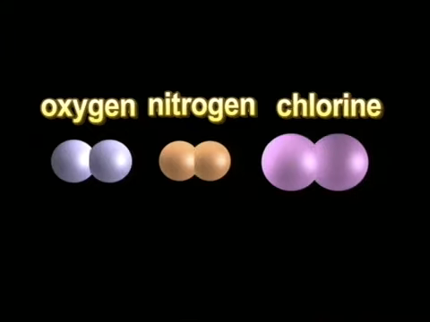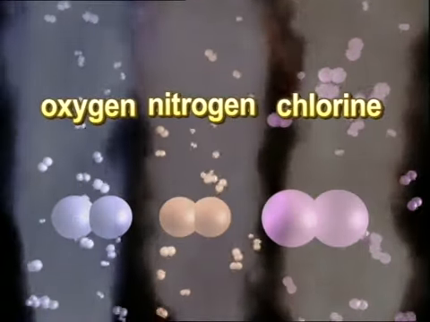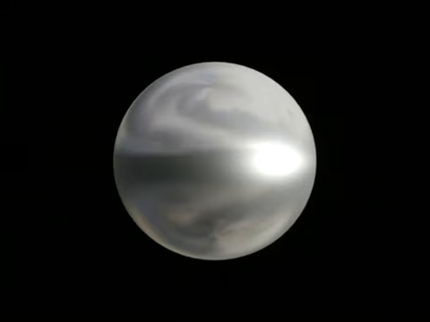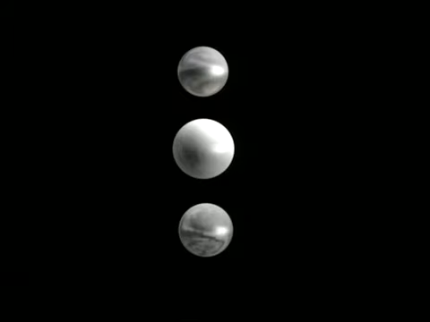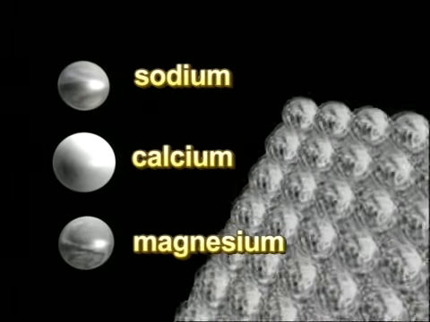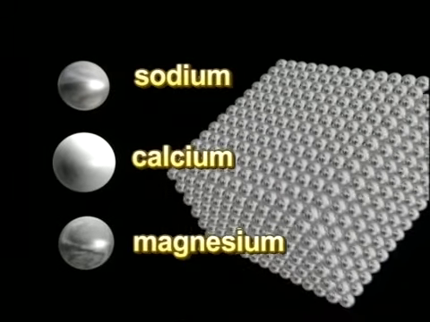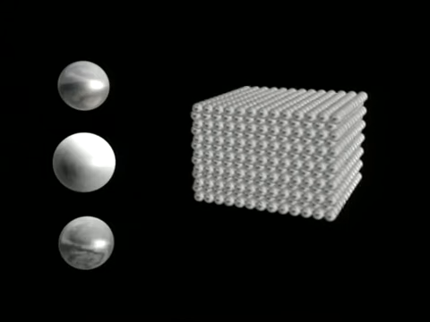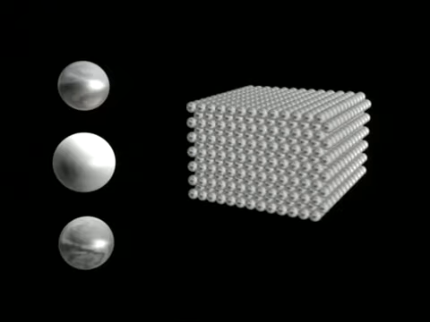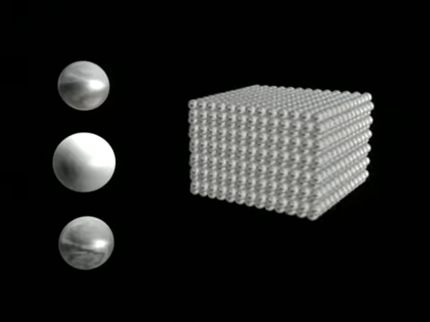Oxygen, nitrogen, and chlorine are all formed by groups of 2 atoms, and they are all gas. Metal elements like sodium, calcium, and magnesium are usually formed by lots of atoms packed together into fixed positions and arranged into giant structures. As the atoms are arranged in a dense matter, the elements are in a solid state.